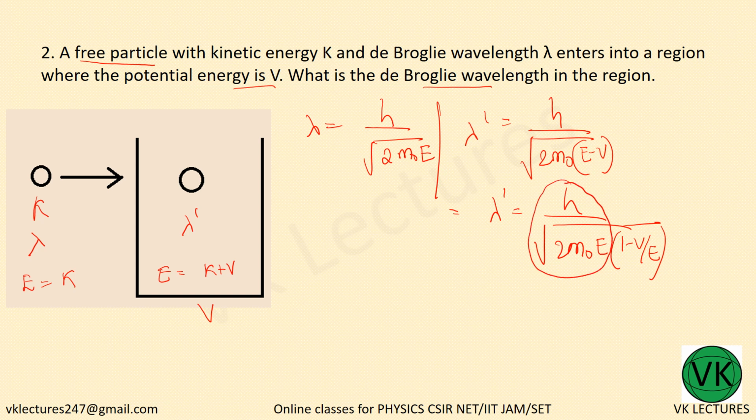That is the lambda. So we can write lambda dash equal to lambda divided by under root 1 minus V by E.